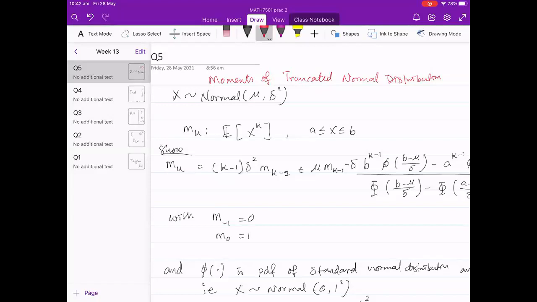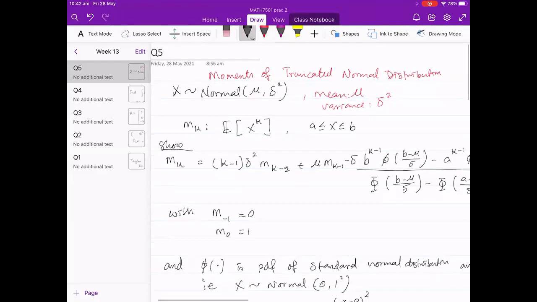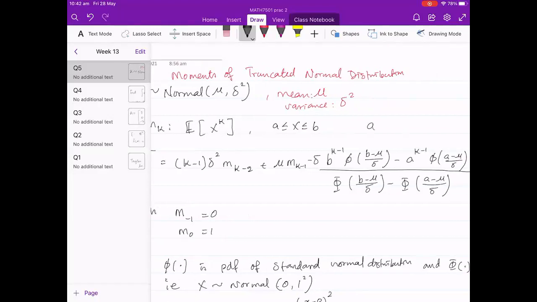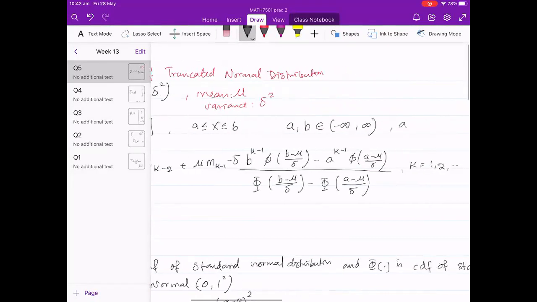So in general, if you have X as normally distributed with mean mu and variance sigma squared, the kth moment of the truncated normal distribution is defined for a and b, where a and b are in minus infinity to plus infinity, a less than b.